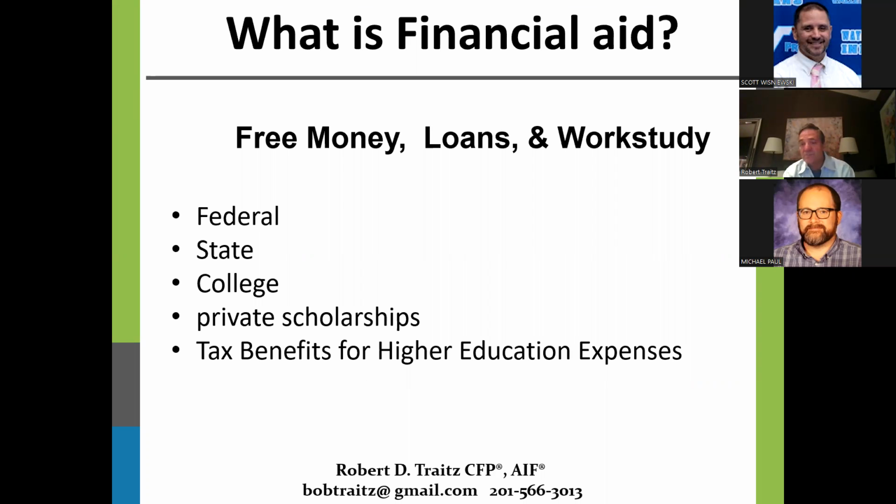Private scholarships, well, every school holds a scholarship night, typically in the springtime. It is local scholarships offered by civic organizations. If your son or daughter wins a scholarship, they have to report the number that they won to the school, and the school could proportionately reduce the aid that they've already offered you.